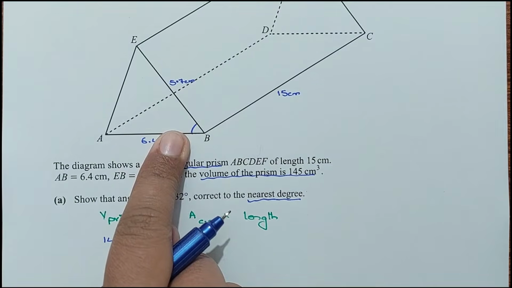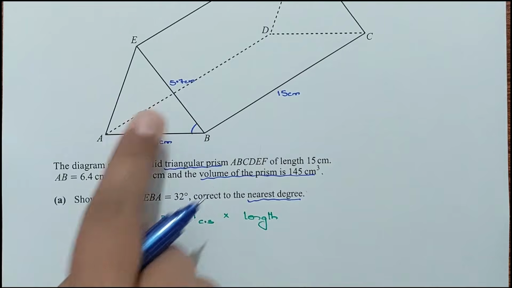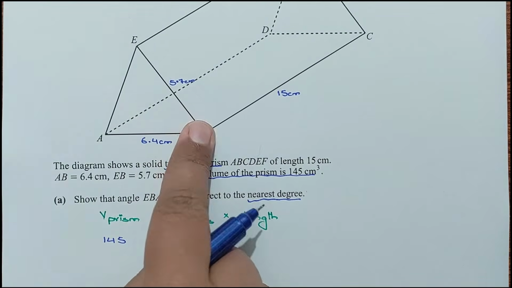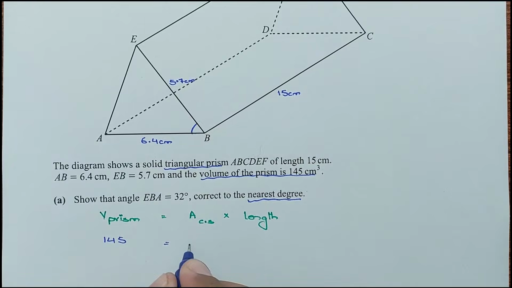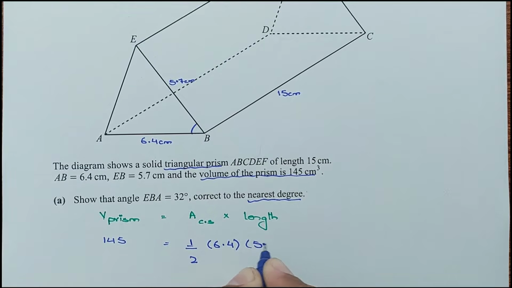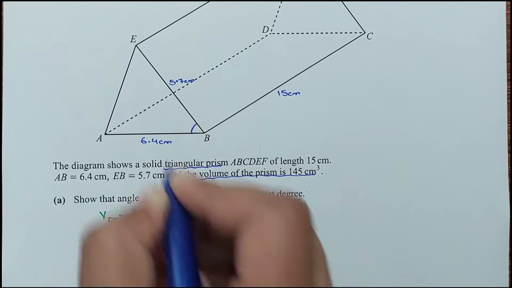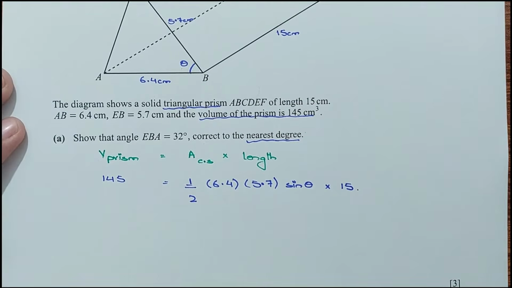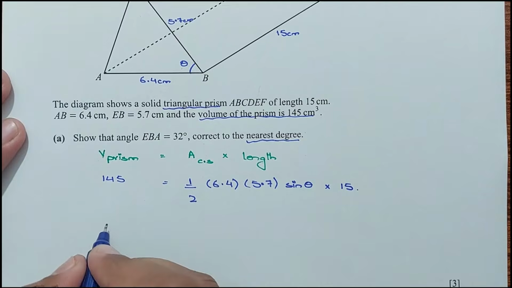The area of the triangle is half, the two sides, and the sine of the angle between them. So half times 6.4 times 5.7, and sine of angle theta, let's say this is angle theta, times the length of the prism, which is 15. Right, now let me solve for theta, which is angle EBA.